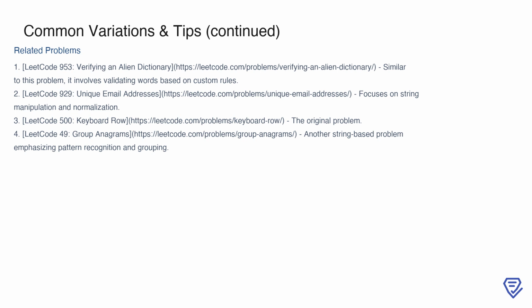Another example is LeetCode 929, unique email addresses, which emphasizes string normalization and manipulation, much like this problem. Of course, the original problem, LeetCode 500, is a direct application of these concepts. Additionally, LeetCode 49, group anagrams, is another string-based problem that focuses on pattern recognition and grouping, making it a valuable exercise for honing your skills in this area.